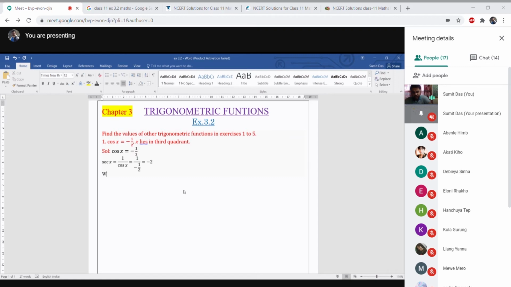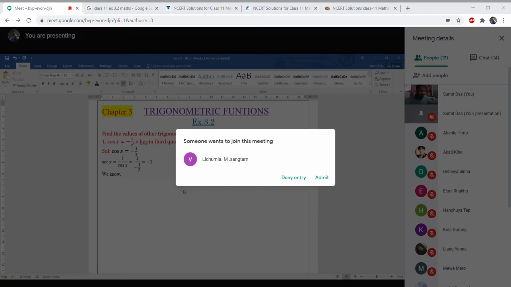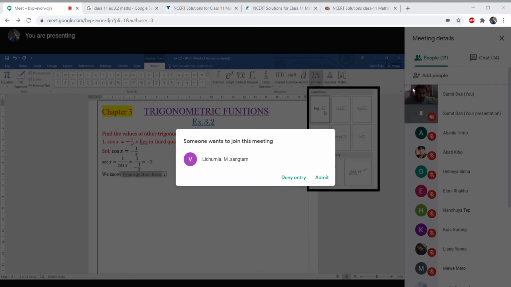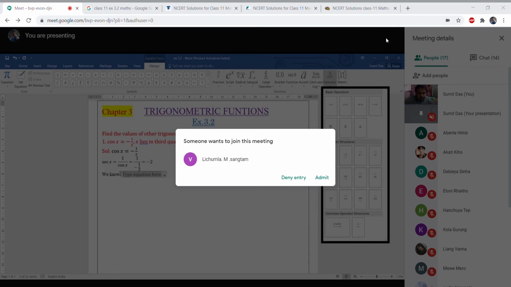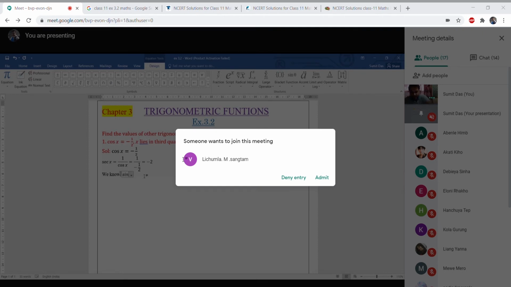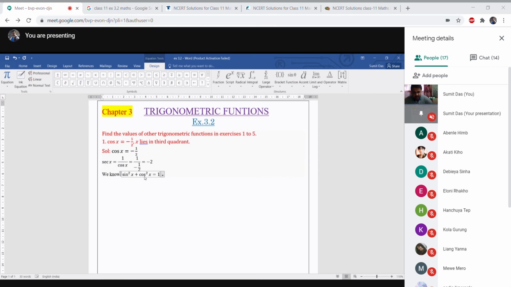Now we know that sine square x plus cos square x equals 1, right?